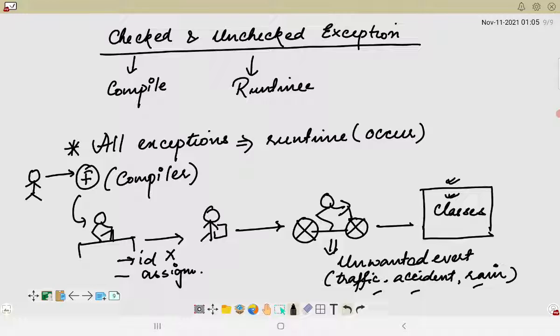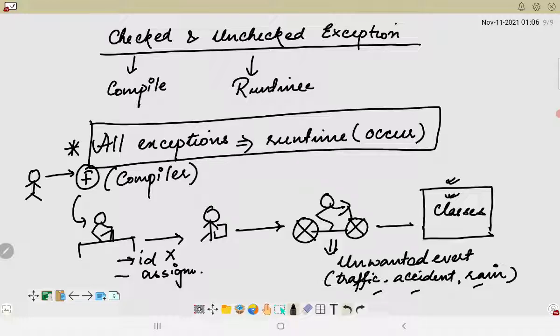So this is what we are trying to understand: the exceptions do not actually occur at compile time, even though we name it a compile time exception. It occurs only at runtime, after the program starts executing. Whatever the compiler can check before actually executing the program, we consider a compile time exception.